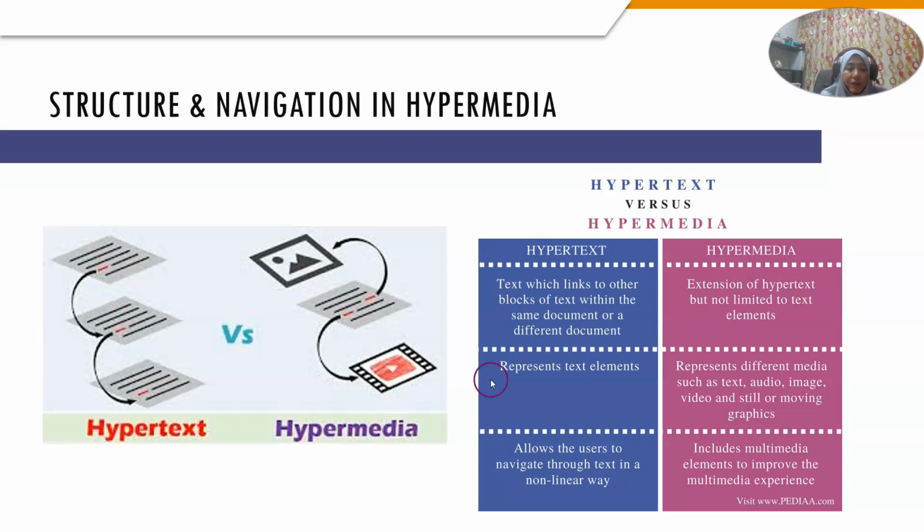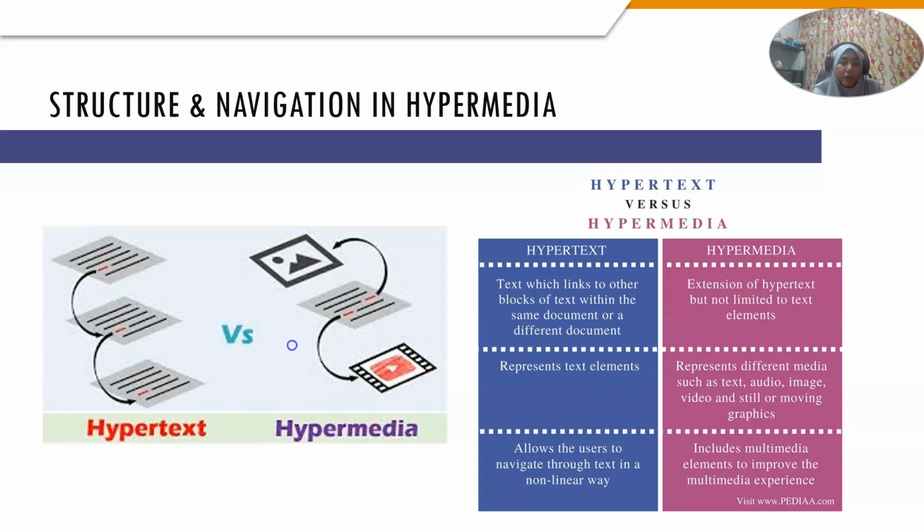But for hypermedia, you use media to link to the pages. For example, you use an image, and when you click the image, you will go to the next page or link to other documents. So this is basically the structure in multimedia, which embeds interactive elements.